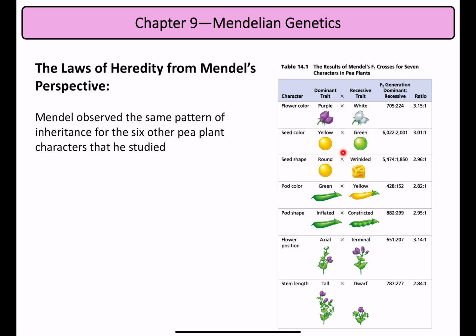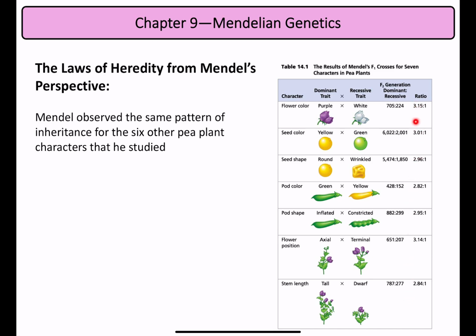And then like he did before, he crossed those F1 together, either through cross-pollination or self-pollination. Then in the F2 generation, he saw 75% yellow, 25% green. You can even see his numbers that he kept track of right there. He did it a lot of times, but it always reduced to a 3-to-1 ratio. He was onto something.